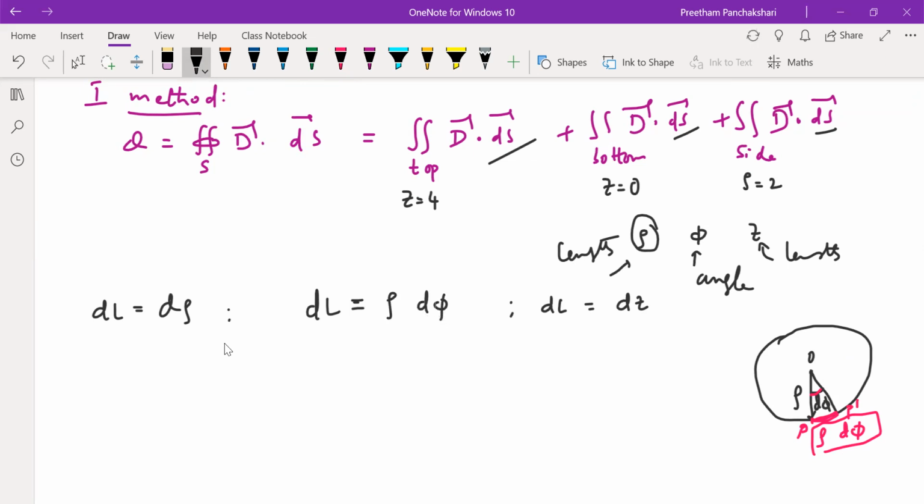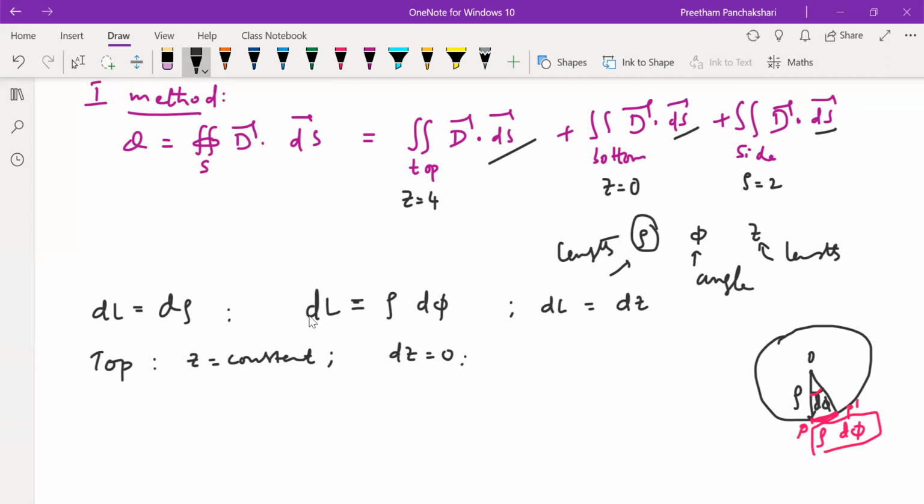So three differential lengths are there. When two of these multiply together, they define a differential surface. For example, for the top surface of the cylinder, z is constant. Since z is constant, dz will be 0.